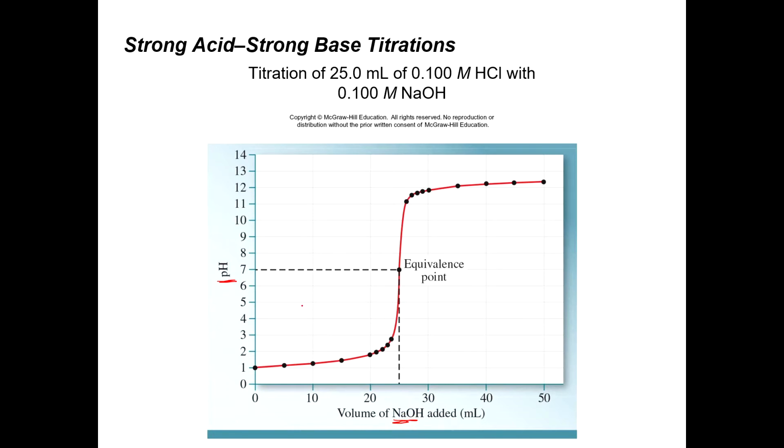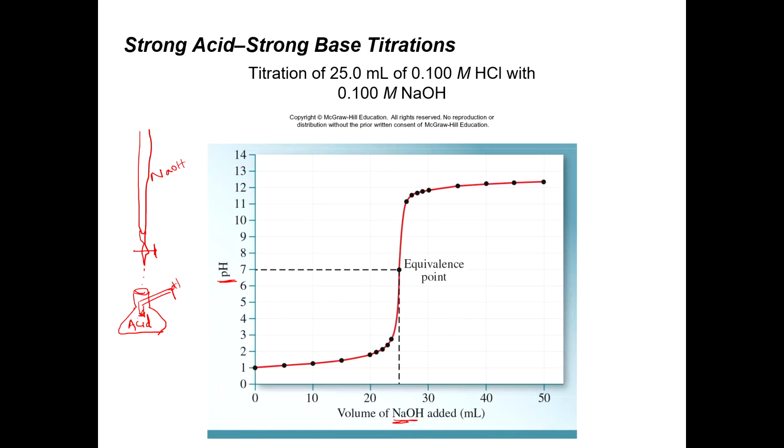This graph represents, for example, that in your Erlenmeyer flask you have taken acid, and in the burette you took your base, which is sodium hydroxide, and you keep on adding that base to your acid. You put a pH meter into your acid and measure the pH while doing this experiment. So that's the meaning of this graph.